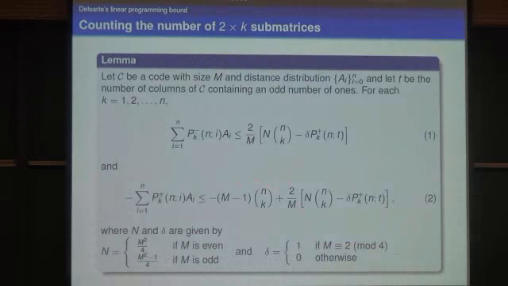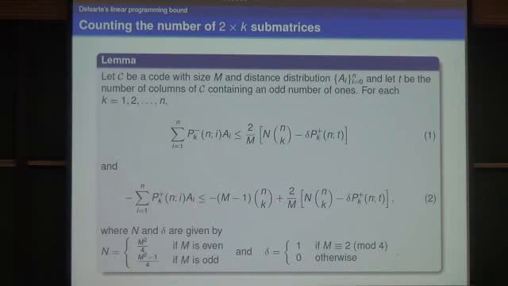And this is the key lemma. We count the number of 2 by k submatrices containing an odd number of 1s, and we get the first inequality. By counting the number of 2 by k submatrices containing an even number of 1s, we come up with the second inequality.